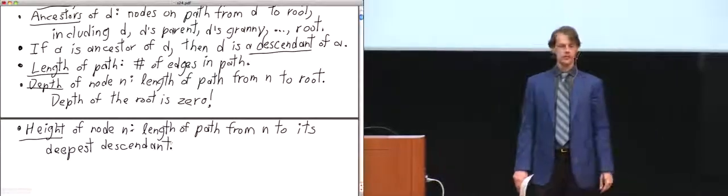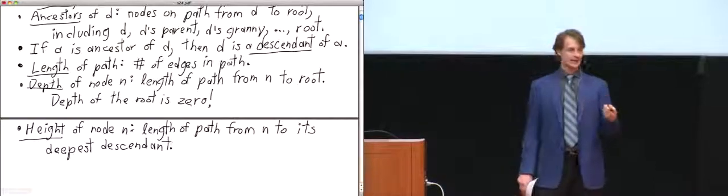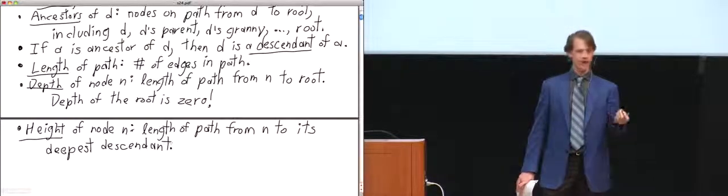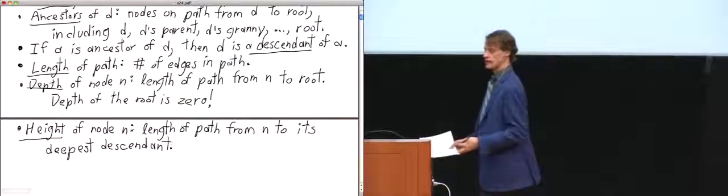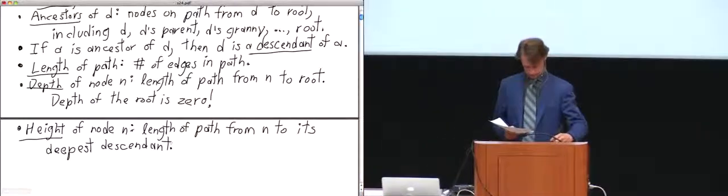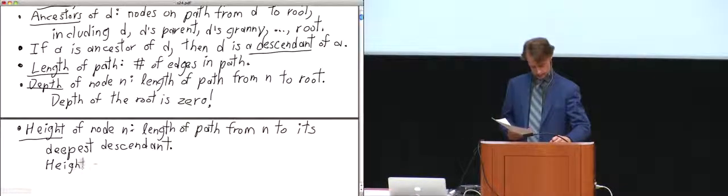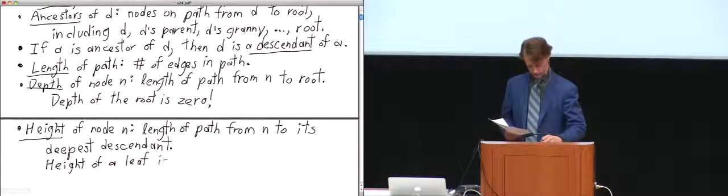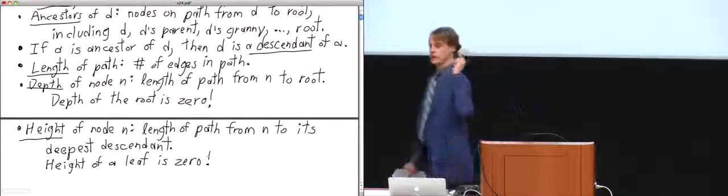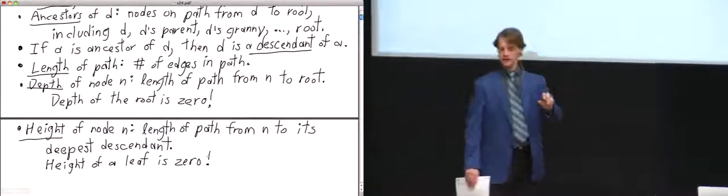And so when you talk about the height of a node, once again, a node that's a leaf node, essentially at the bottom of a tree, at least locally at the bottom of a tree, has height 0. So again, please try to remember that. Heights start at 0. They don't start at 1. If you're a leaf node, your height is 0.